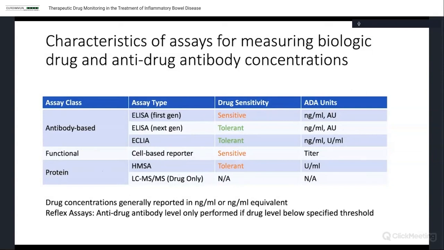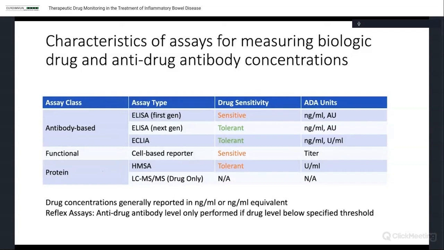The first generation ELISA assays were drug sensitive. So this is an important concept, the idea of an assay being drug sensitive or drug tolerant. In a drug sensitive assay, one is unable to detect antibodies in the presence of a drug level. Whereas in a drug tolerant assay, the results are independent of one another, and we're equally able to detect antibodies whether drug is present or not present.